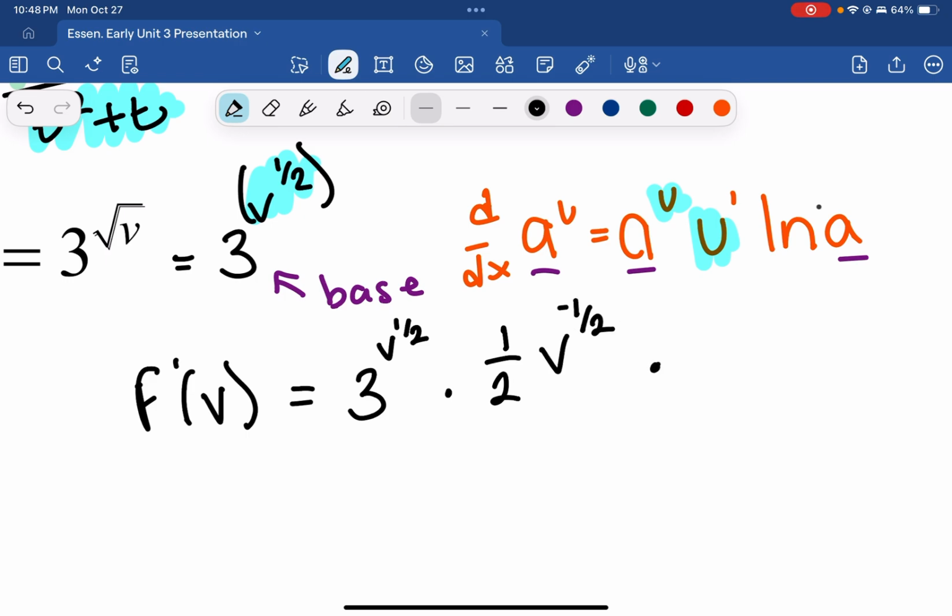And then we multiply by the natural log of a, so the natural log of 3. Let's see where those bases are, and where that u prime is, and that u.